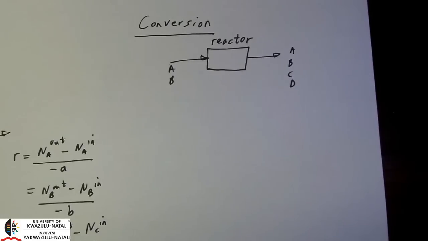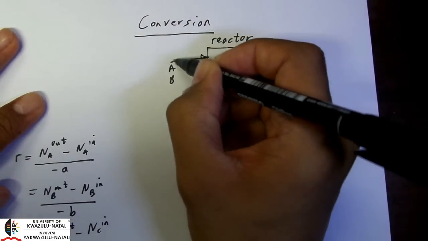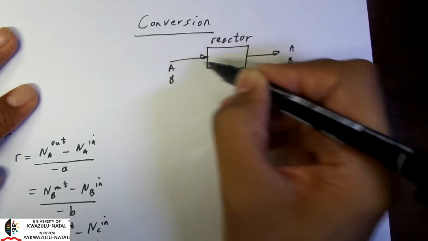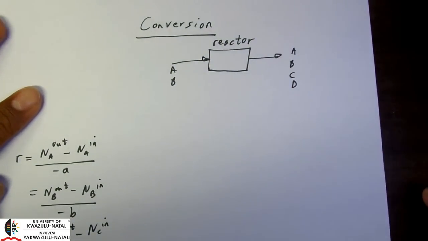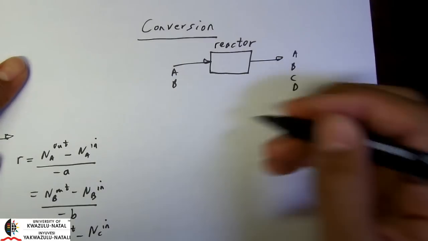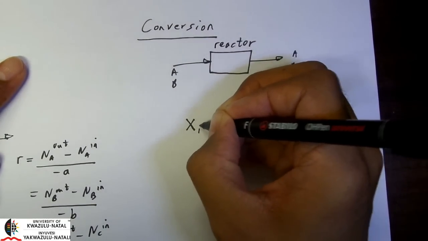In such a case, we can look at the conversion of our key reactant in order to produce the products. So we can define our conversion for any species, for any reactant.